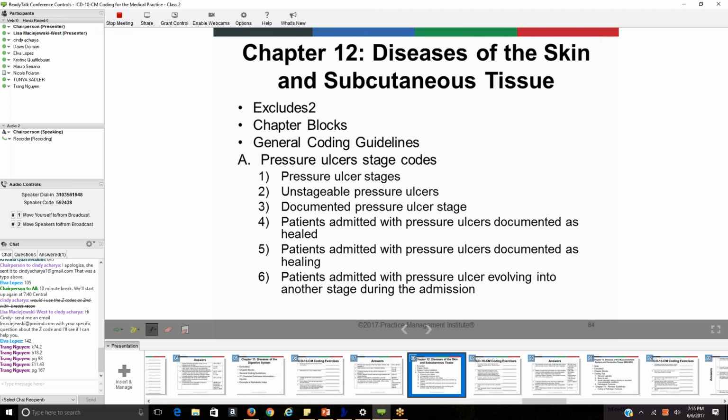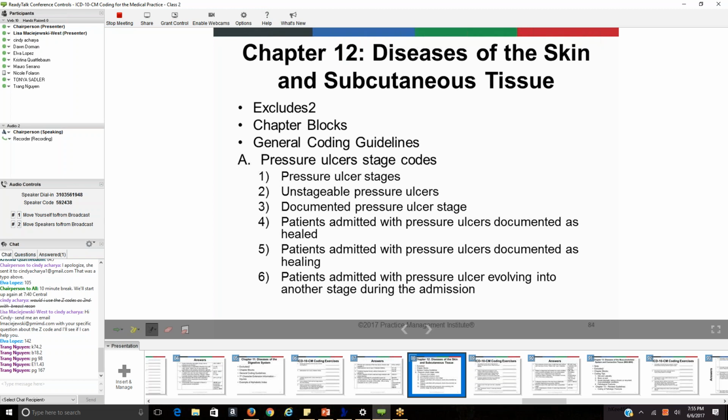So unstageable means that you know there's a pressure ulcer there, but you can't stage it because there is something blocking that ulcer, whether it is a scar or some type of scab or a deep tissue injury or a muscle graft or something like that.